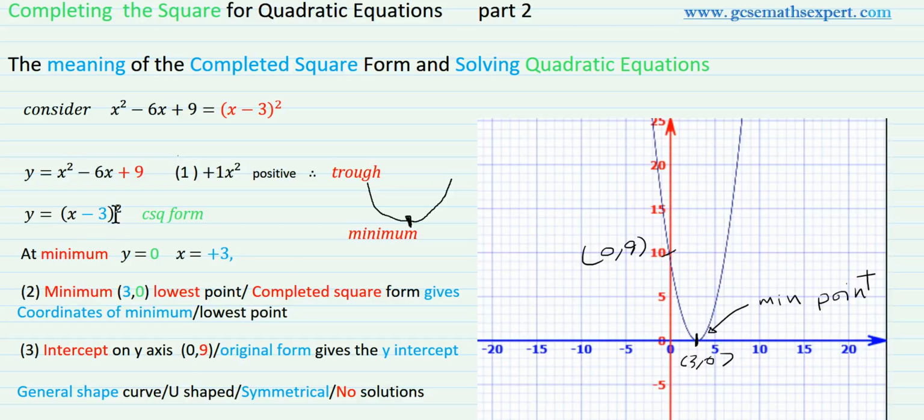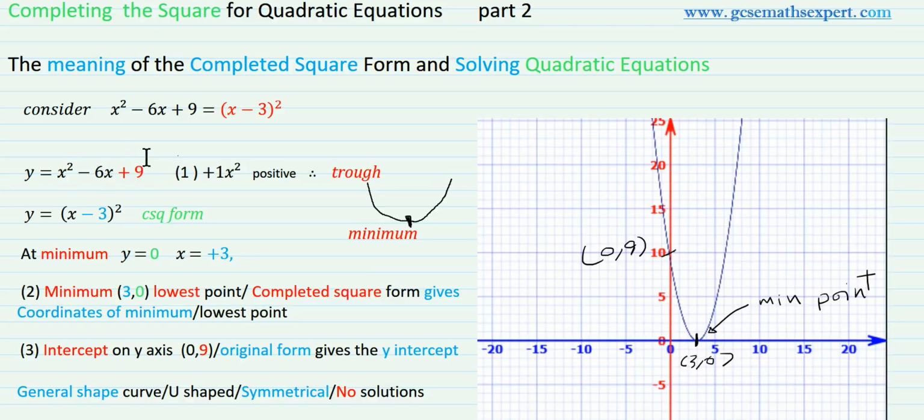Yeah, but also see this quadratic equation in this form, this plus 9, this constant, this tells us the y-intercept. That's when the curve cuts the y-axis. In that case x is 0 and y is 9.